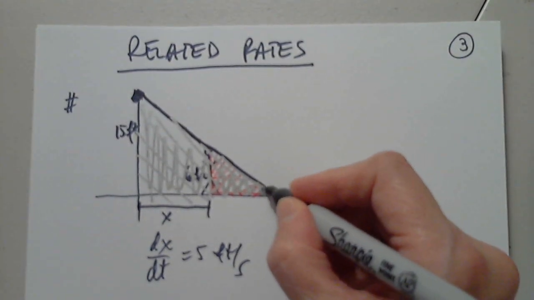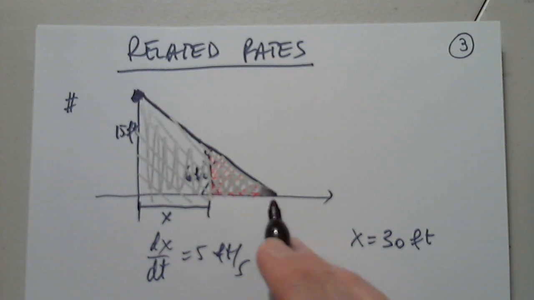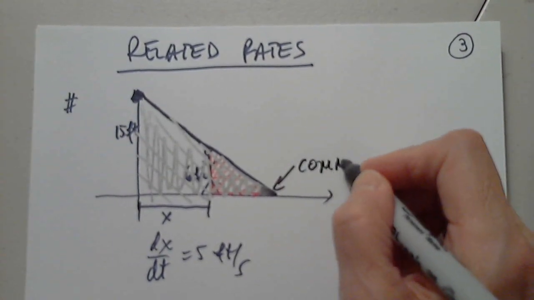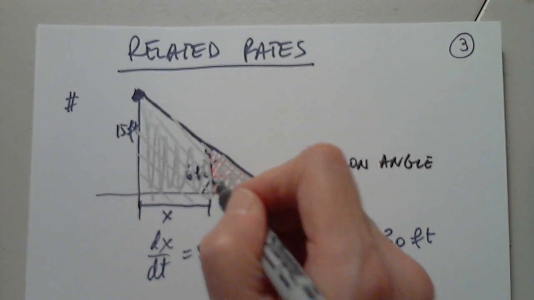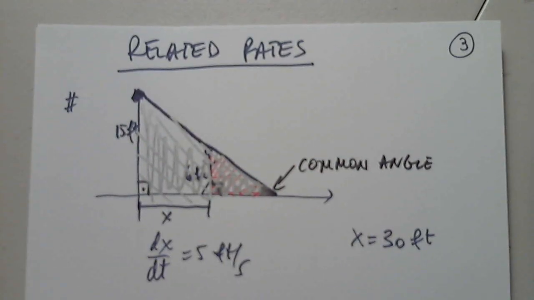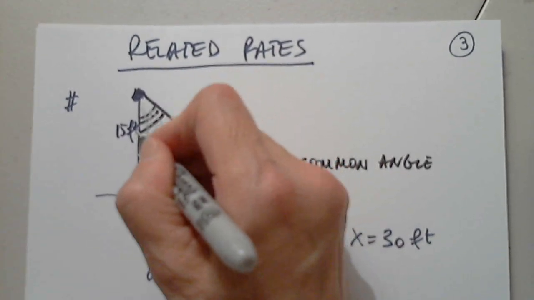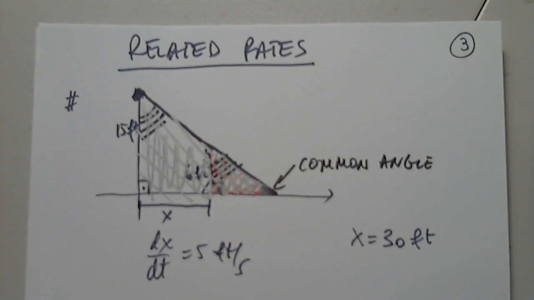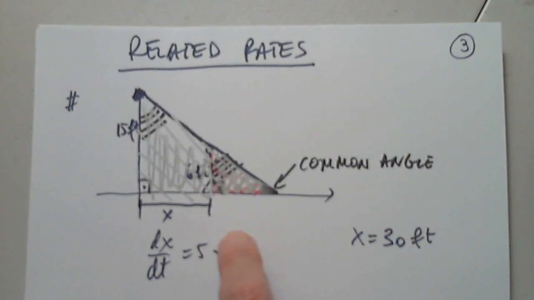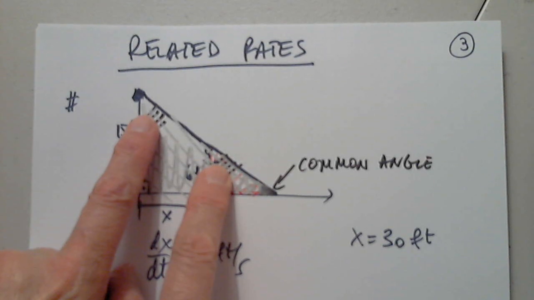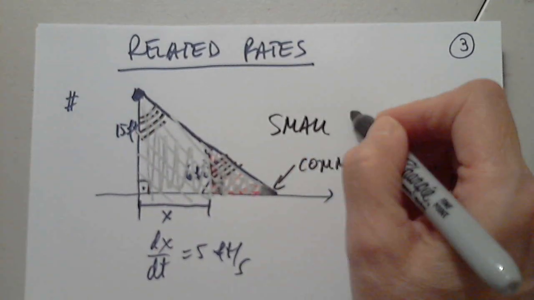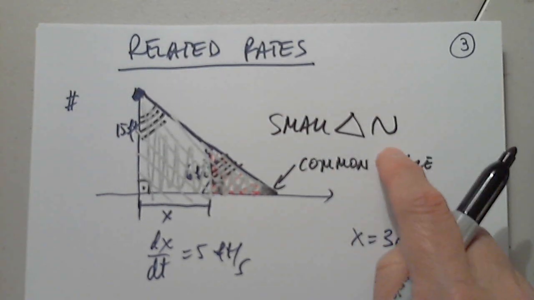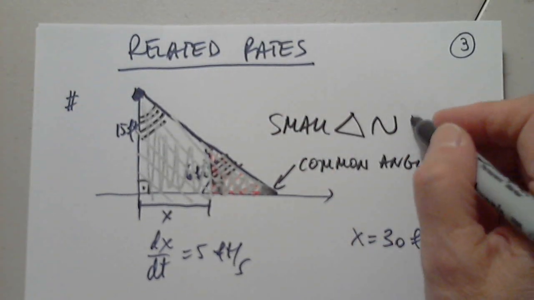First of all, because this angle is common angle. And because this is a 90-degree angle and this one is a 90-degree angle, this third one has to be the same, guaranteed, because the sum of the angles is 180. If these two are the same, these two have to be the same. So we showed that the small triangle is similar, that's the notation for similar triangles, to the big triangle.